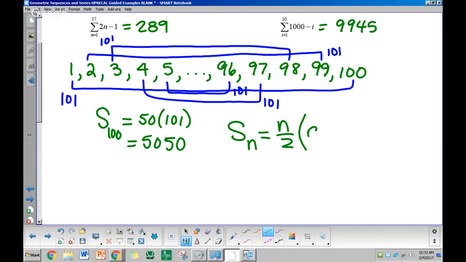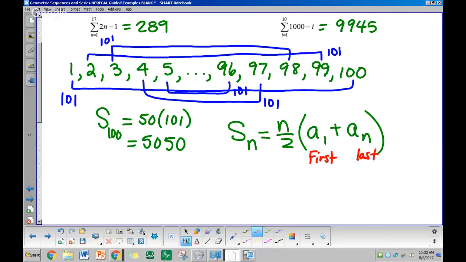So he said, I'm going to take a sub 1 plus a sub n, where this is the first term and this is the last term, and add them together.